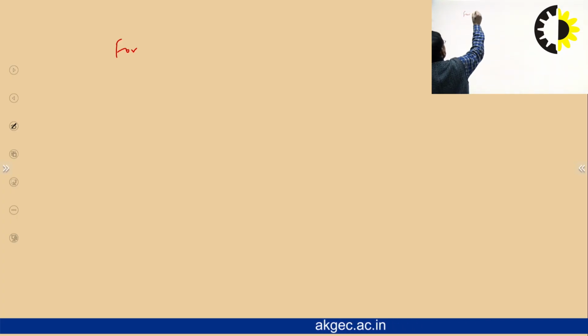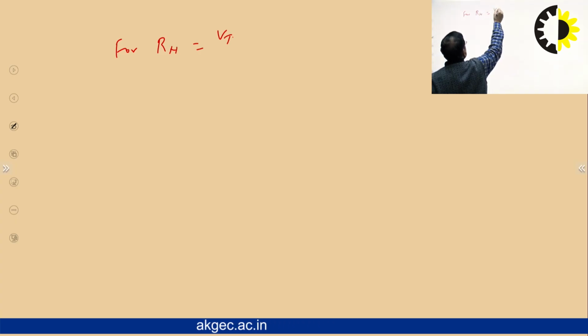Now for Rn. So Rn is equal to VTH upon ISC.